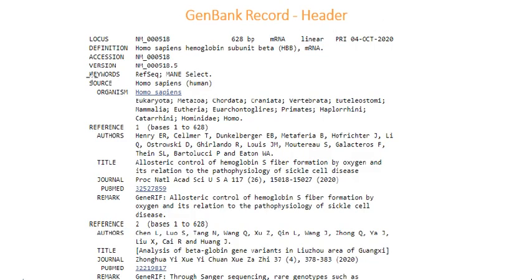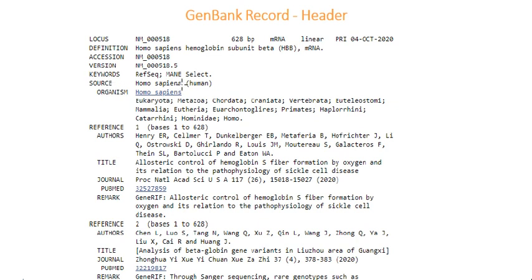GenBank record header information. So this is the information where the gene sequence is obtained in the GenBank database. Locus, definition, accession, version, keywords. The definition is Homo sapiens. If you see the GenBank information of a particular gene, this is a 628 base pair mRNA.